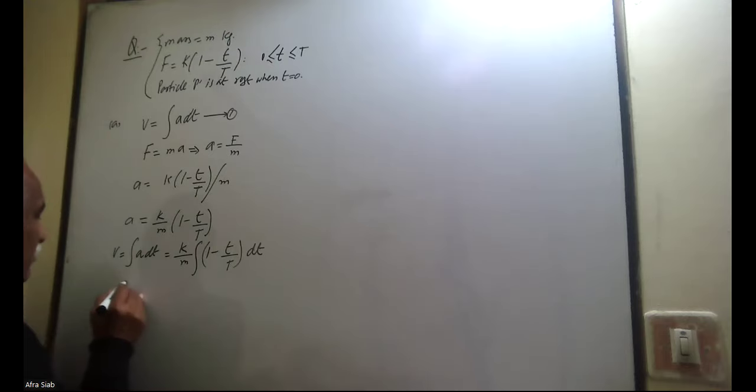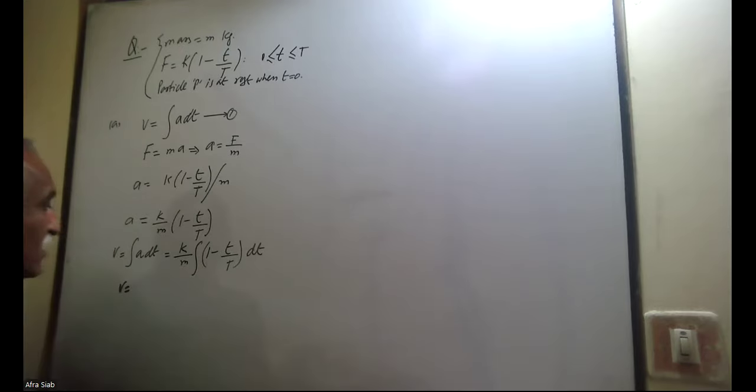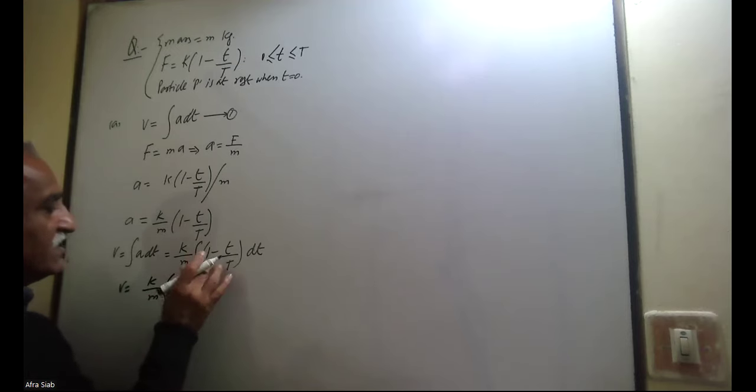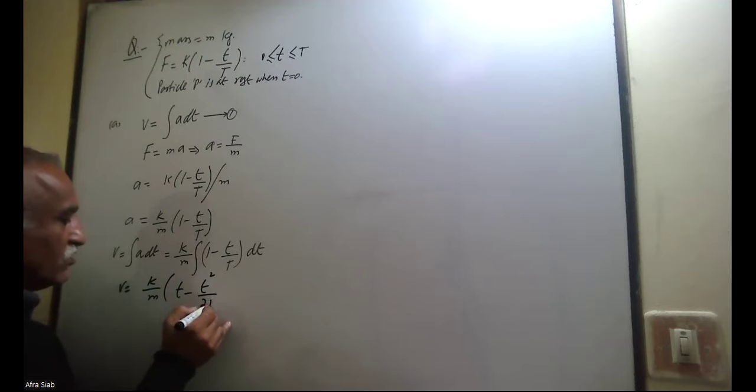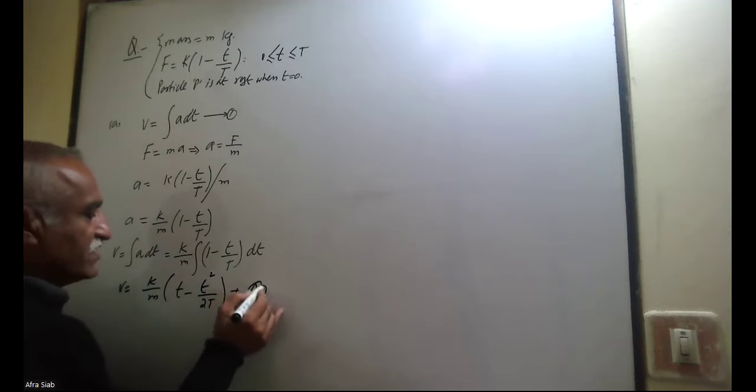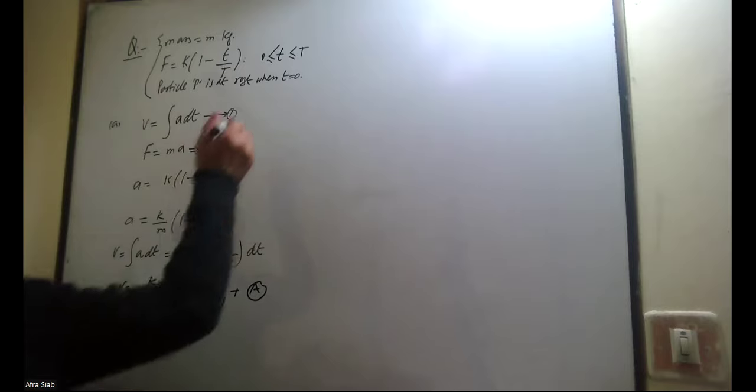This is equal to velocity, which is equal to k/m times the integral, t - t²/2T + constant of integration A, because they have not given the limits there.